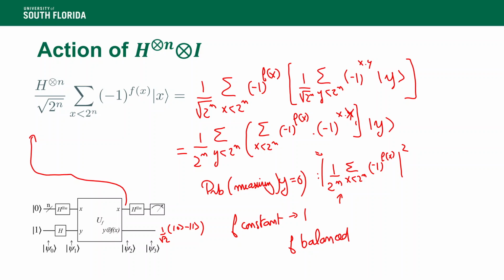So the whole sum is going to be 0, and for f balanced, the probability of measuring 0 is going to be 0. So we know for sure at this stage that if we measure 0 at the end of the circuit, f is constant. On the other hand, whatever else we measure, we know f is balanced.